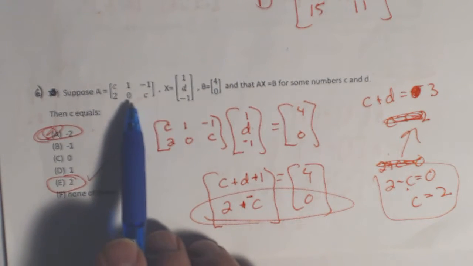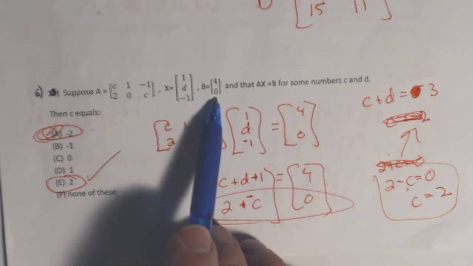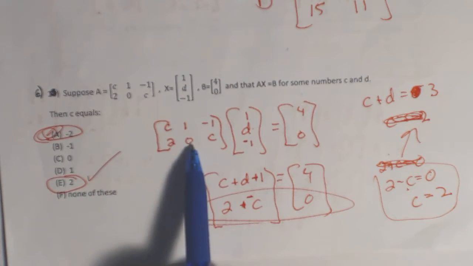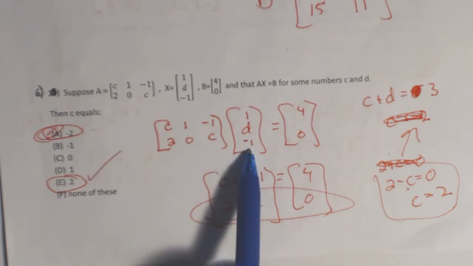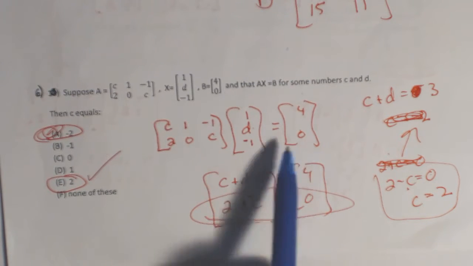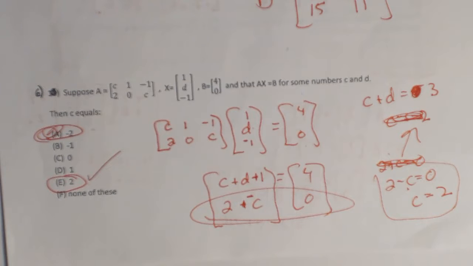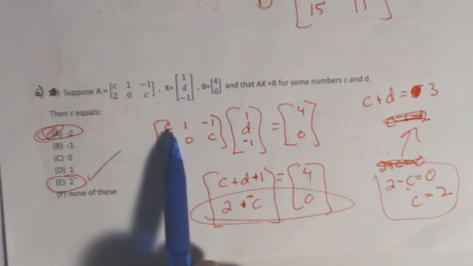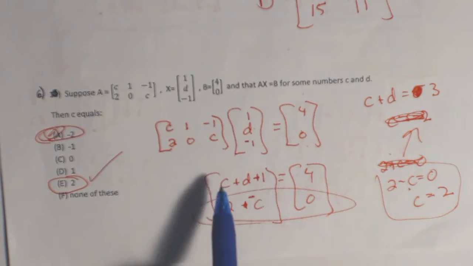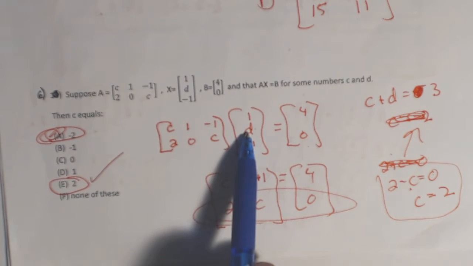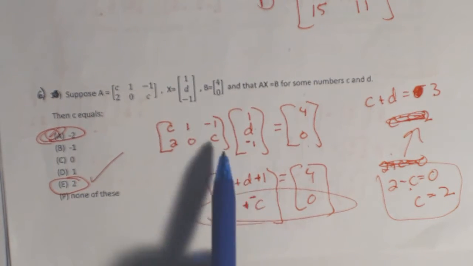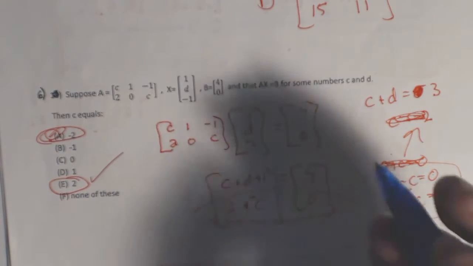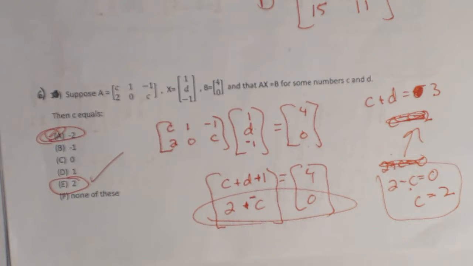Okay, we've got a matrix A, a matrix X, a matrix B, and we know that AX equals B. So I just wrote down this is A, this is X, and this is D. Well, if we do row by column multiplication, the 1, 1 entry would be C times 1 is C, plus 1 times D is D, and then plus -1 times -1 is +1.